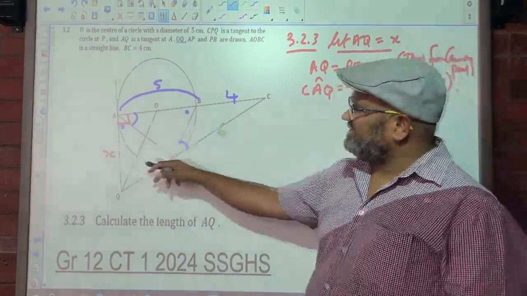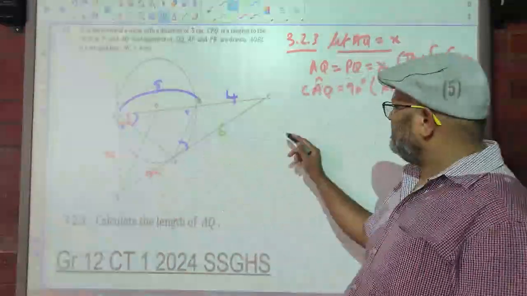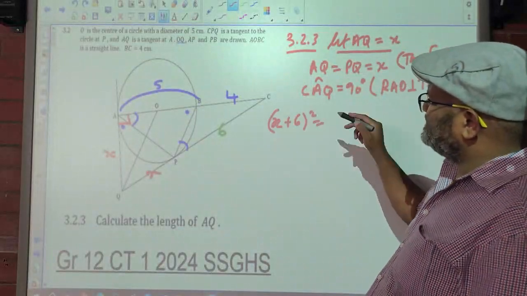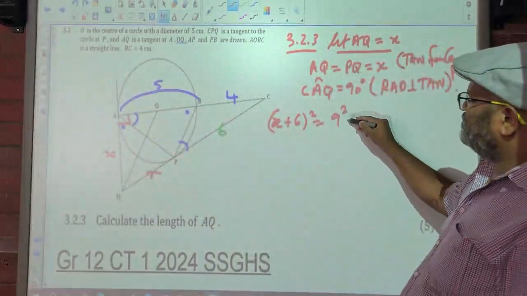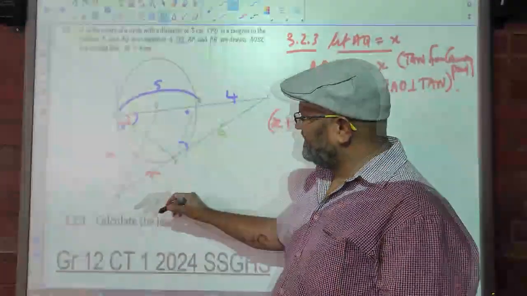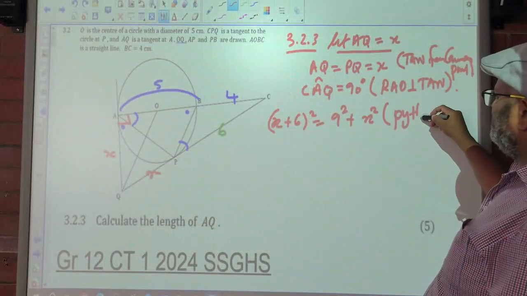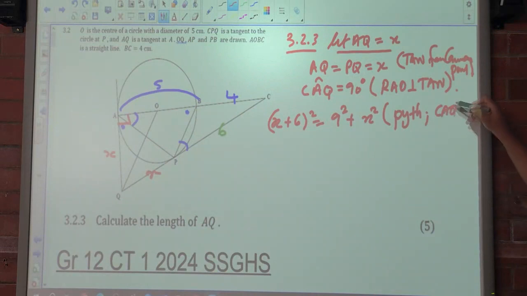Alright, so now the Pythagorean theorem. What's the length of the hypotenuse here? X plus 6. So x plus 6 squared equals this length, which is 9 squared plus x squared. Reason? Pythagoras with angle CAQ equal 90 degrees.